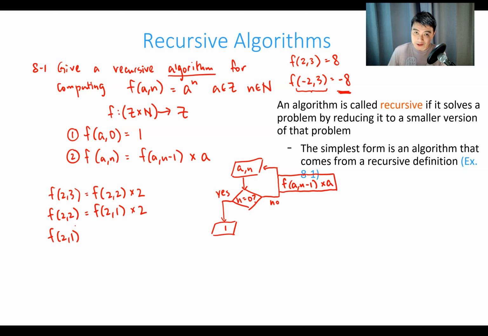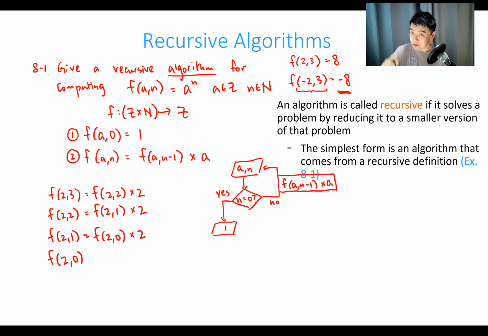Now, computers are really good at this because they have lots of memory. So it will put this inside its memory and it'll know that once I've solved f of 2, 1, then I can come back to this larger problem. Okay, so this is basically the way that it would process it. So then we would have f of 2, 0 times 2, and then I would put all my focus on solving f of 2, 0.